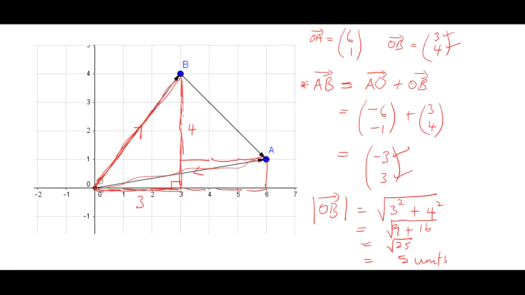So in order to get the magnitude of a vector, we apply Pythagoras' theorem. OB is this vector here, right? Therefore, we just take the x value and the y value, and we square them, we add them, and we find the square root. All right.